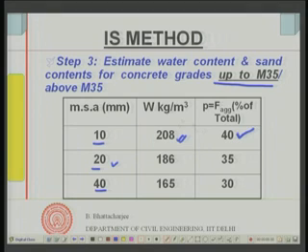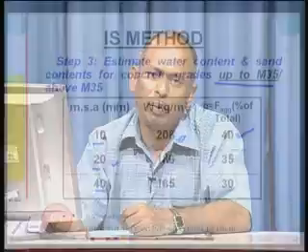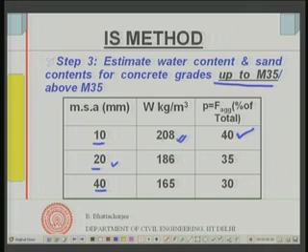Now, this table is meant for specific conditions. I shall explain these conditions later on, just for the sake of introducing it now. This is meant for a concrete with water cement ratio of 0.6, with crushed coarse aggregate and fine sand belonging to what is called zone 2 of Indian standard IS 383, because I mentioned that sands are classified in zone 1, zone 2, zone 3, zone 4 depending upon their grading.